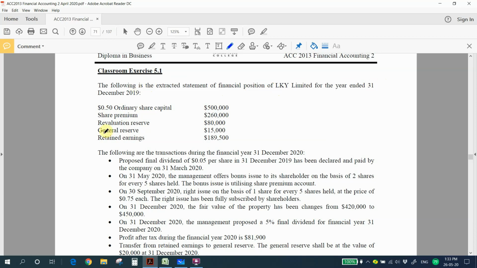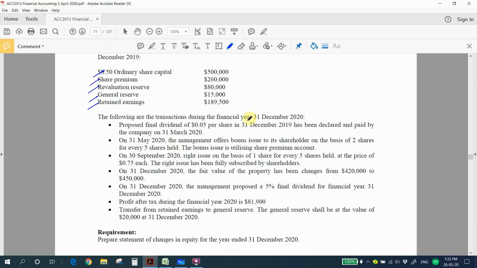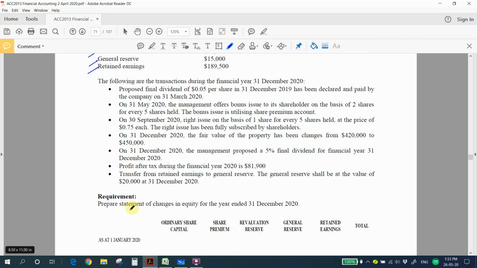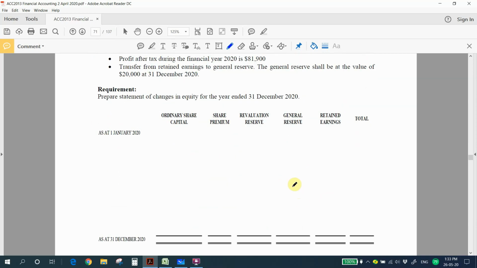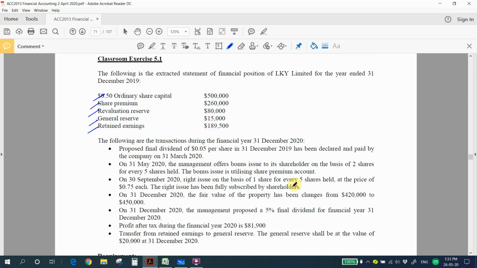So we have their ordinary share, share premium, revaluation reserve, general reserve, and retained earnings. These are the transactions and events that happened in the financial year 2020. Prepare the statement of changes in equity for the year ended 31st December 2020. I have given you a sample, you can use this, but for a better presentation I will use Excel to present my answer.